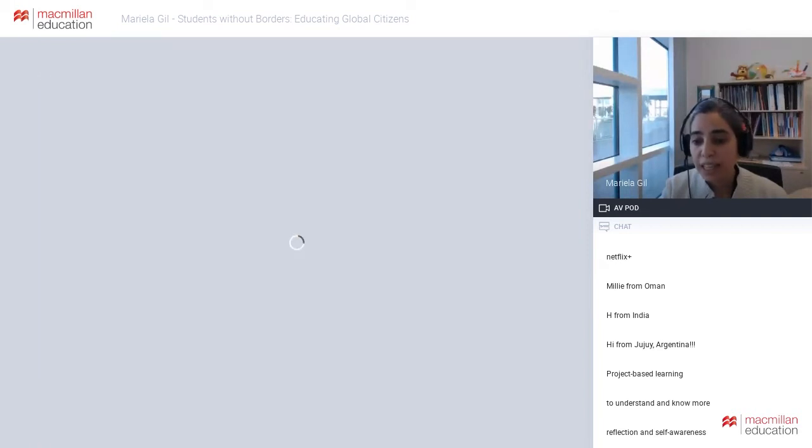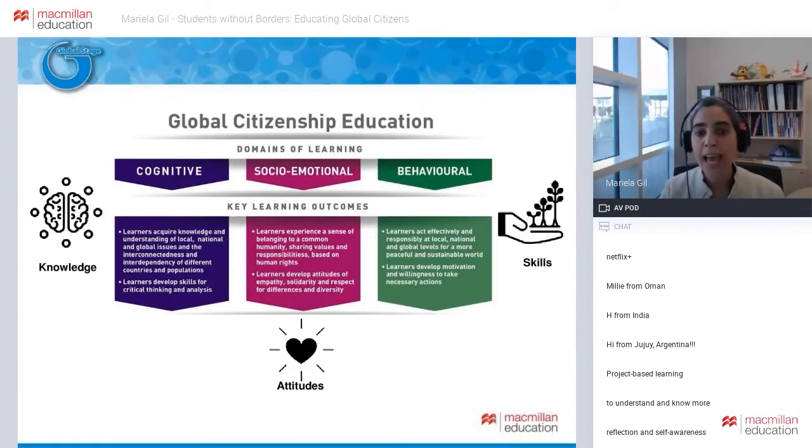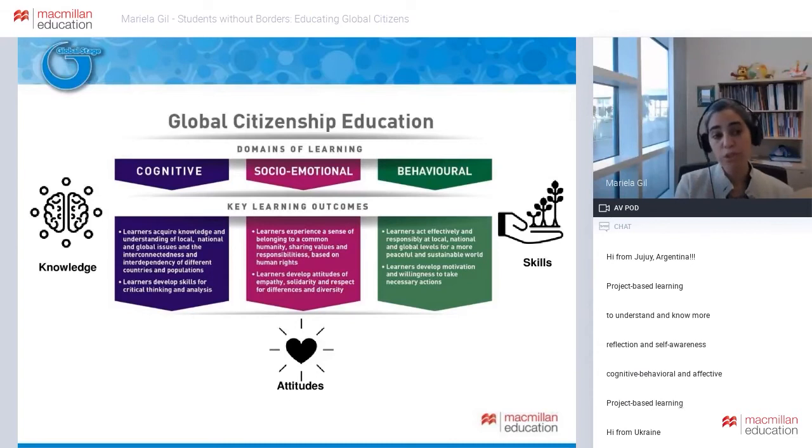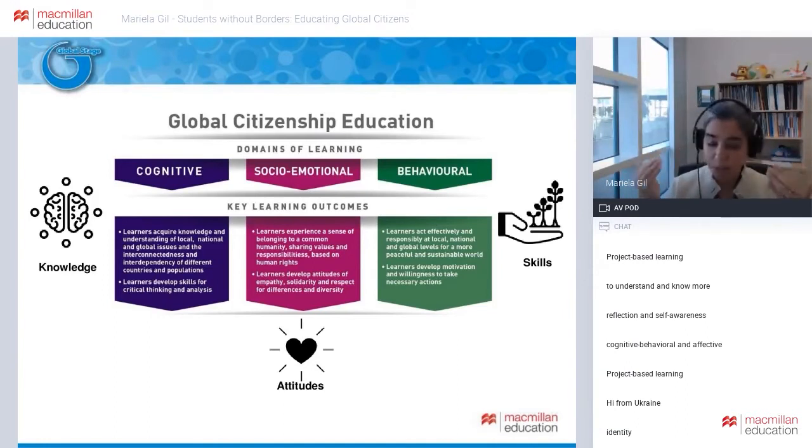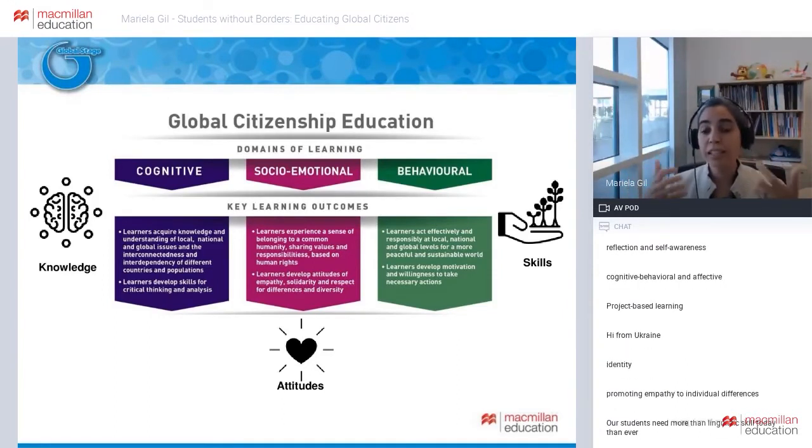So the UNESCO has put together an explanation of how they view global citizenship, and they divide it into 3 domains of learning. What we were just talking about: cognitive, social, emotional, and behavior. So the things you have in your head and that you understand about it, the things that you learn to do, and then the things that you have in your heart, the attitudes.